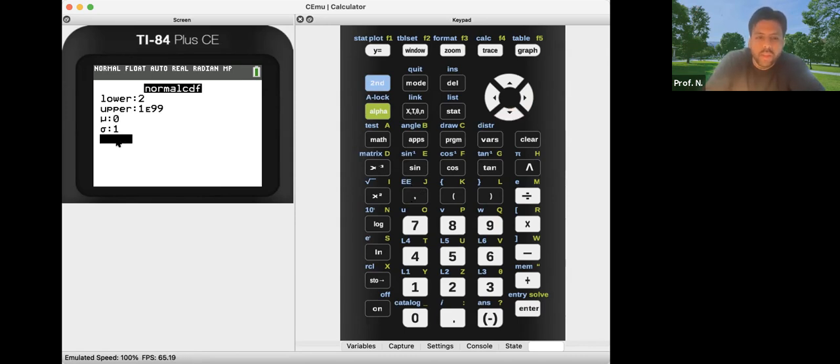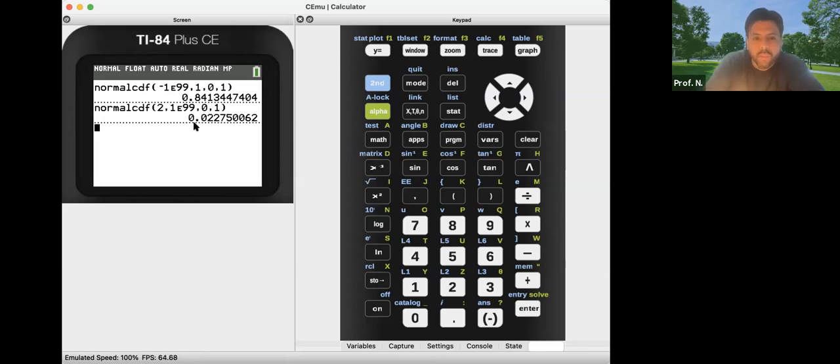So you press paste, and when you paste it, look what I get. I get 0.002275, so I get the similar 0.0022750062. If I round this to the nearest 4th decimal place, it would be 0.0228.